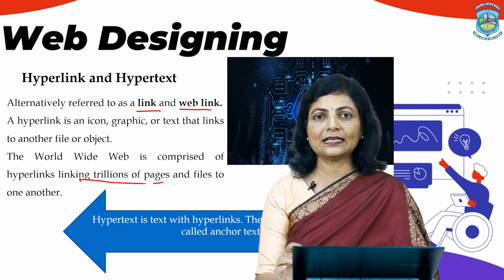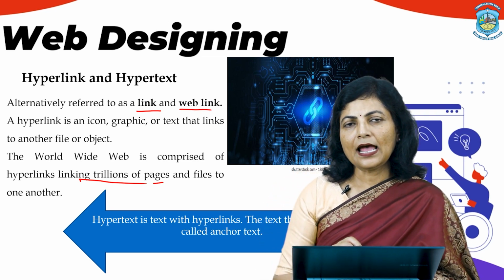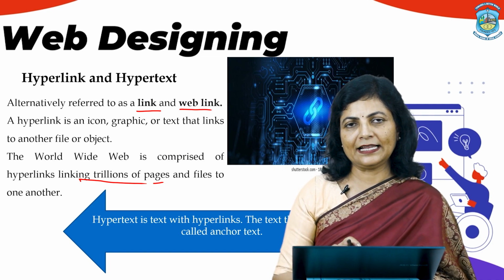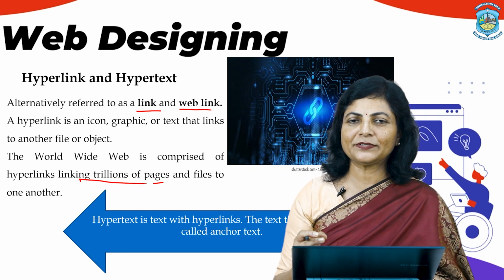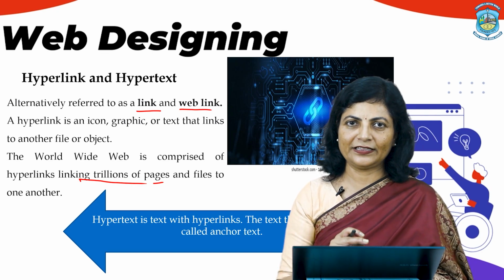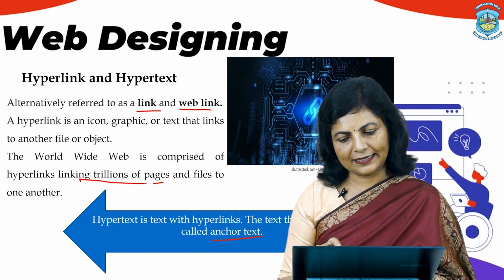And hypertext is text with a hyperlink, and if you tap on this link, it will lead you to the document or the website which is connected with this hypertext. It is also known as anchor text.